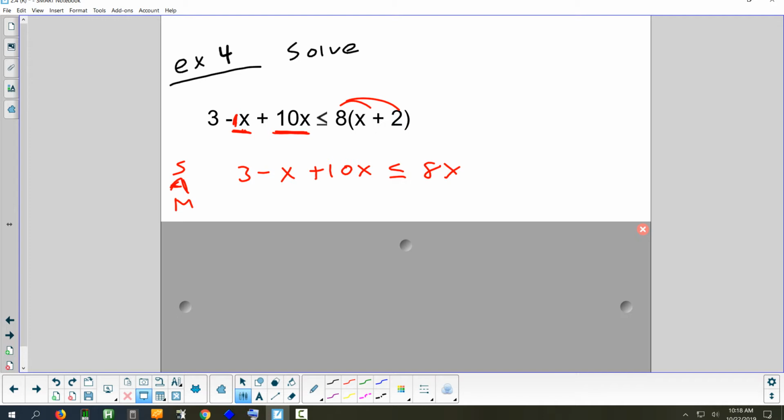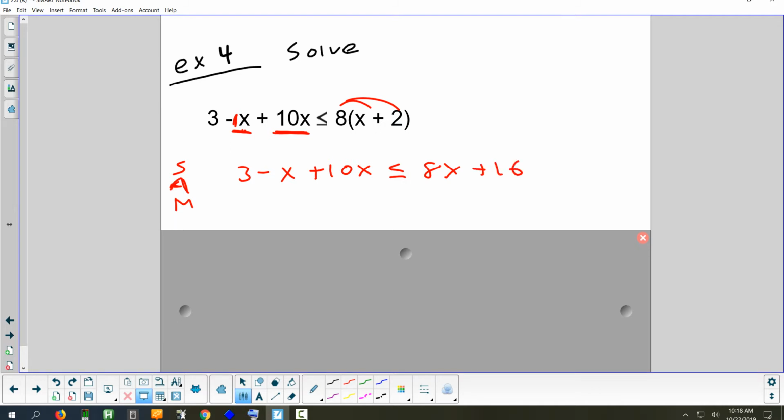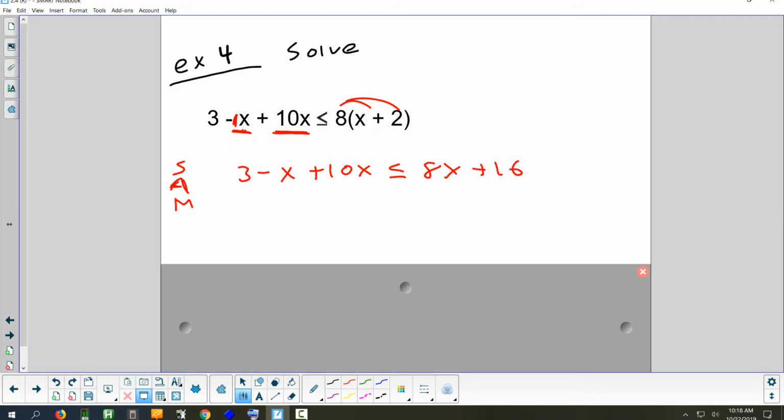8x. And what's 8 times 2? 16. Positive or negative? Positive. Okay, now the next thing Joe said was to combine like terms. Joe, can you just tell me what they are again? Negative 1x and positive 10x. This 3, nothing's going to happen to it at this step. It's just going to stay right there.